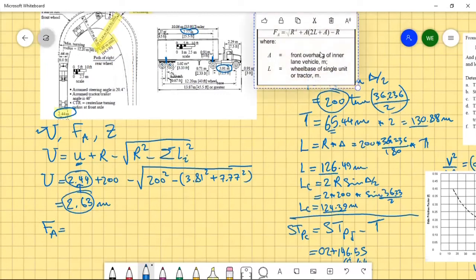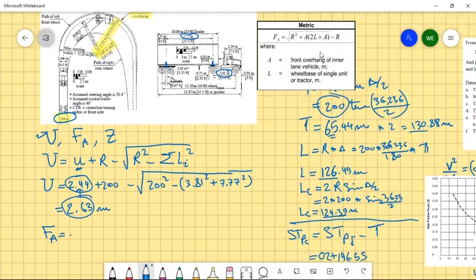The front overhang equals the square root of r square, which is 200 square, plus a multiply 2l plus a. So here we have the front value, this is a, and we have l, this is l. And we have another value here. So we are going to take these values.